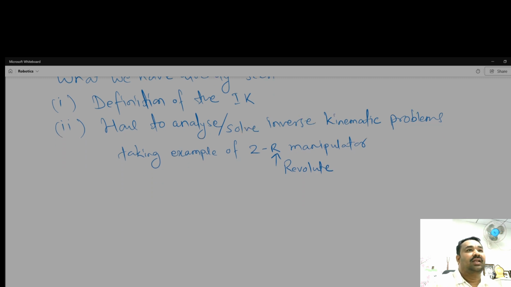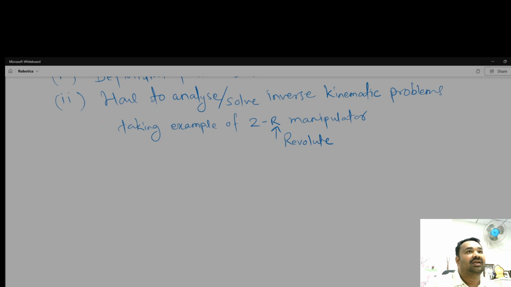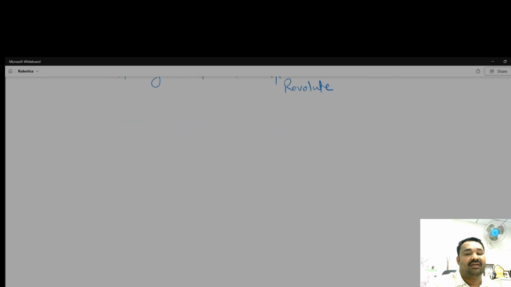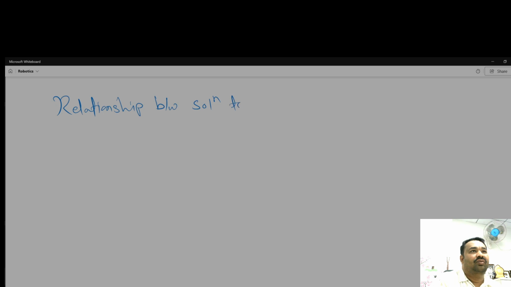Now in that continuation we will see from the observations what the relationship is between solutions to inverse kinematics and workspace.